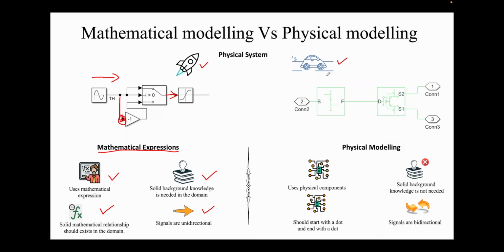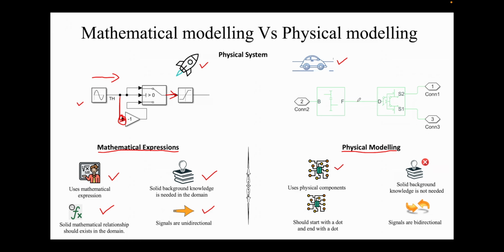Coming to the next system, which is physical modeling. In physical modeling, you do not need to use Simulink blocks. You can use physical components. This is an example of a gear and differential system.